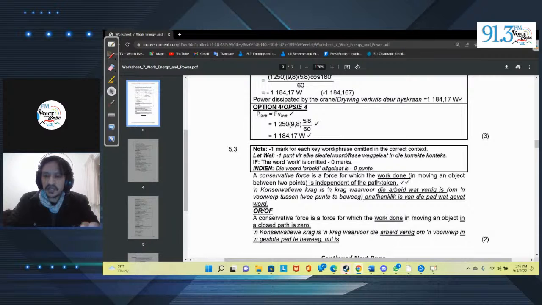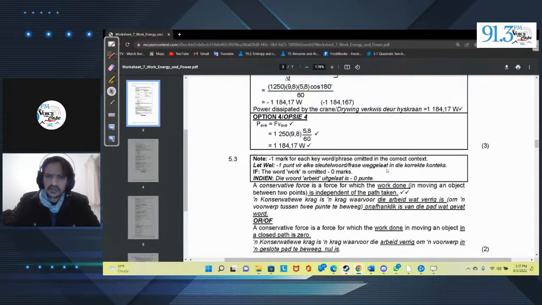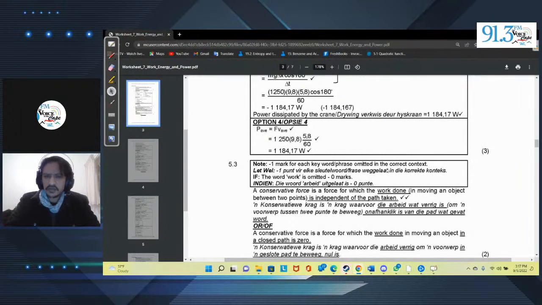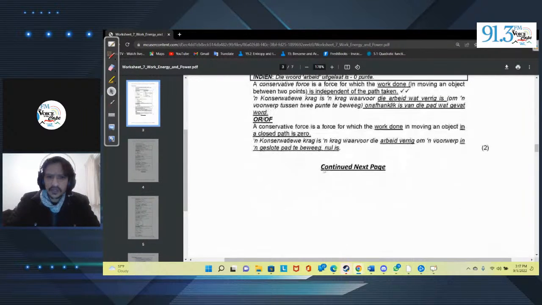There will always be this equivalent exchange where your work is equal to your change in kinetic energy plus your change in potential energy, and that would be your W net. You can also use that same equation for WNC or WC, which is work non-conservative and work conservative. Okay, so that's the official definition for that.